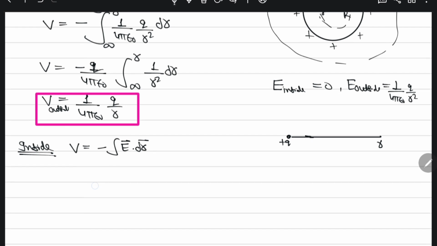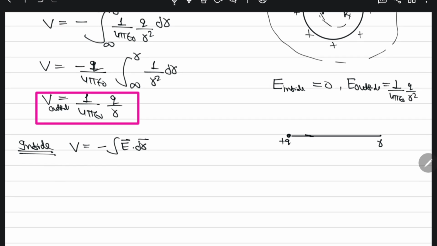No, because we know that electric field is minus basically dV by dr. Electric field inside is 0, so minus dV by dr means the potential inside is constant.